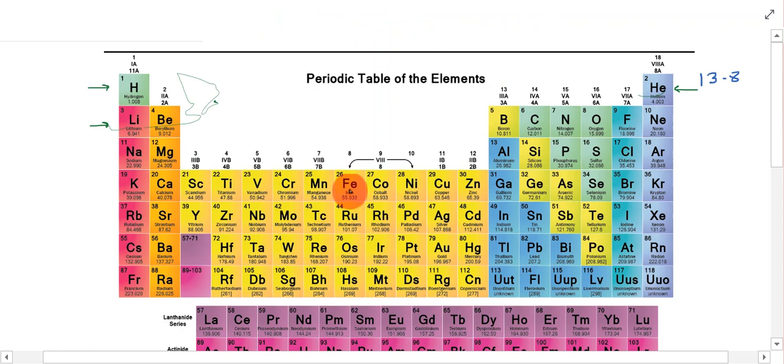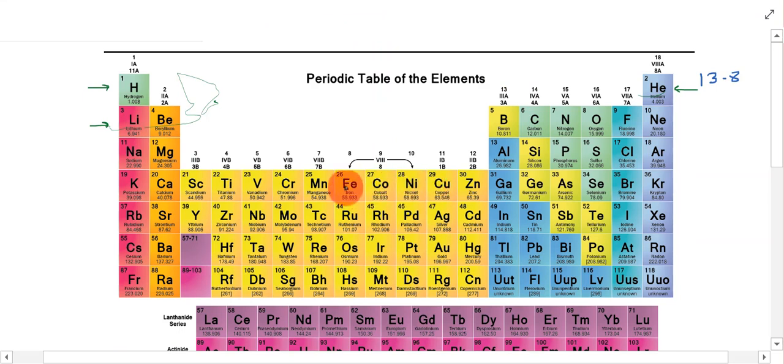So in order to understand the formation of heavy elements, remember when we talk about heavy elements, we're talking about the elements after iron.